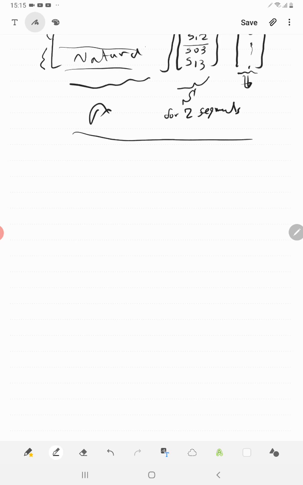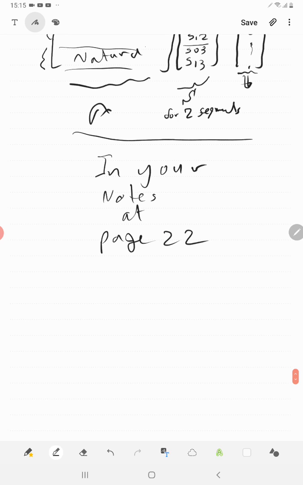I want you also, if you go to these notes, I have a few corrections for you. That's in page 22, in your notes. It says there M0 and M1, that's a typical mistake.